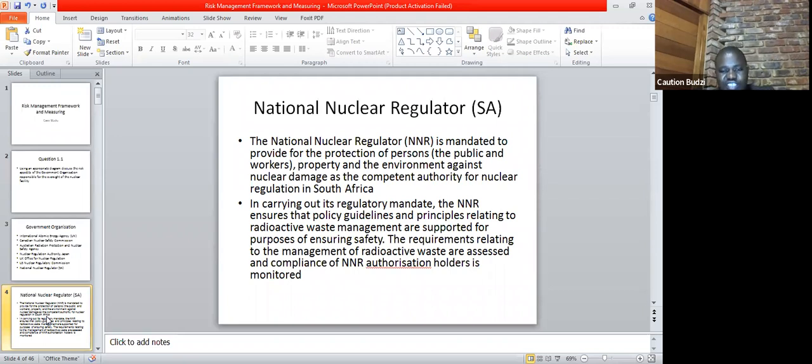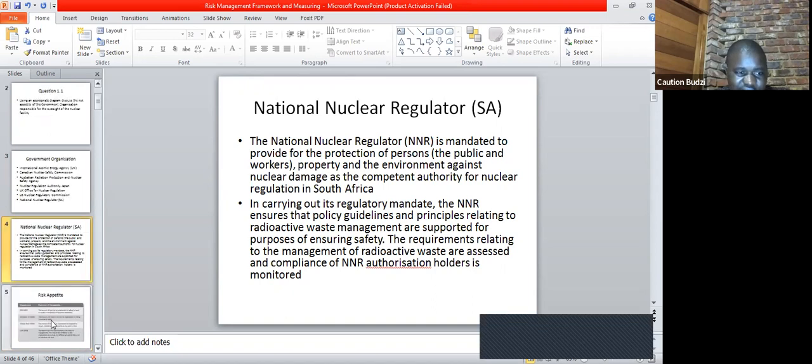So these are some of the mandates of the National Nuclear Regulator of South Africa. In carrying out their mandates, these regulators should develop and have a risk appetite. So we are going to discuss the risk appetite in relation to these national nuclear regulators in general.